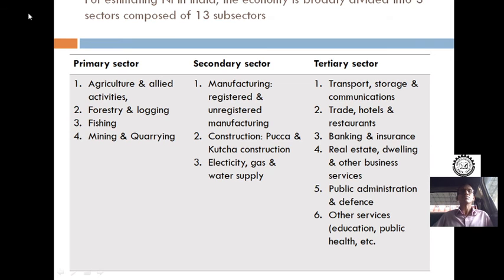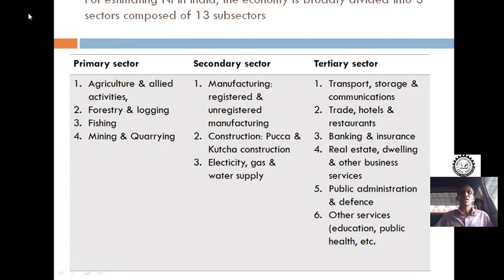For estimating national income in India, the economy is broadly divided into three sectors: primary sector, secondary sector and tertiary sector. These are again divided into 13 subsectors which are listed in the table. First, in the primary sector, there are 4 subsectors which include agriculture and allied activities, forestry and logging, fishing, mining and quarrying.